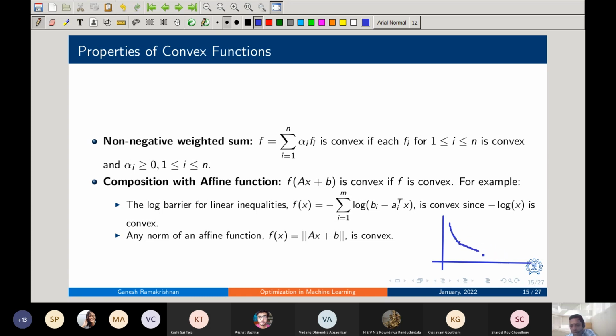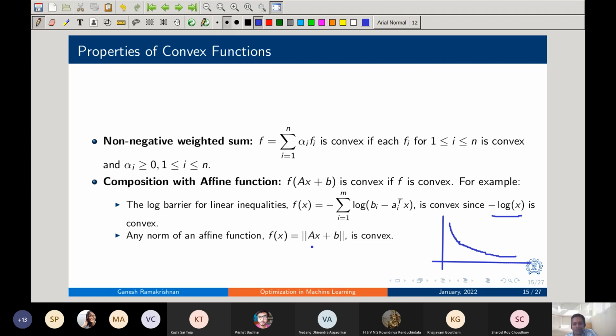Sorry, it's not looking very convex. Hope this helps. Now, if you take minus log of an affine transformation, b i minus a i transpose x, then that turns out to be convex. And if you sum this across multiple a i, b i indices, then that turns out to be again convex. That's a use of non-negative weighted sum along with composition with affine functions.